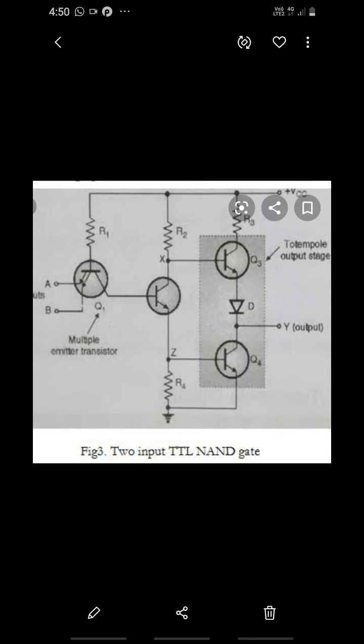At the same time, the collector of Q2 is at a sufficiently low voltage level to keep Q3 in the off position.